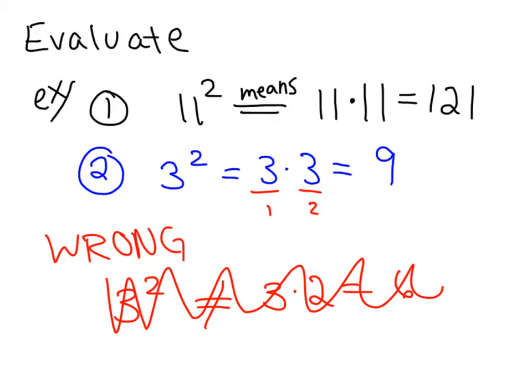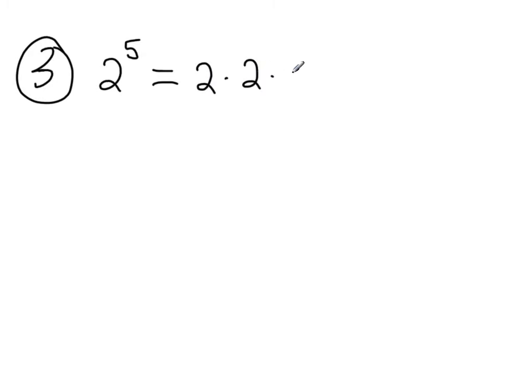Like our first problem that we did, let's say we're asked to evaluate 2 to the 5th power. What that means, and I'm going to write out what it means, that way I can evaluate. That means 2 times itself 5 times. And I always have to double check myself.